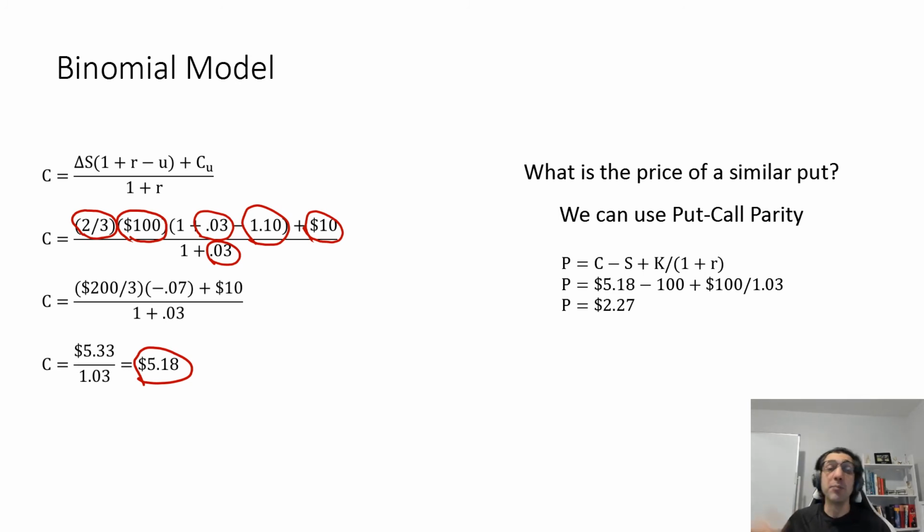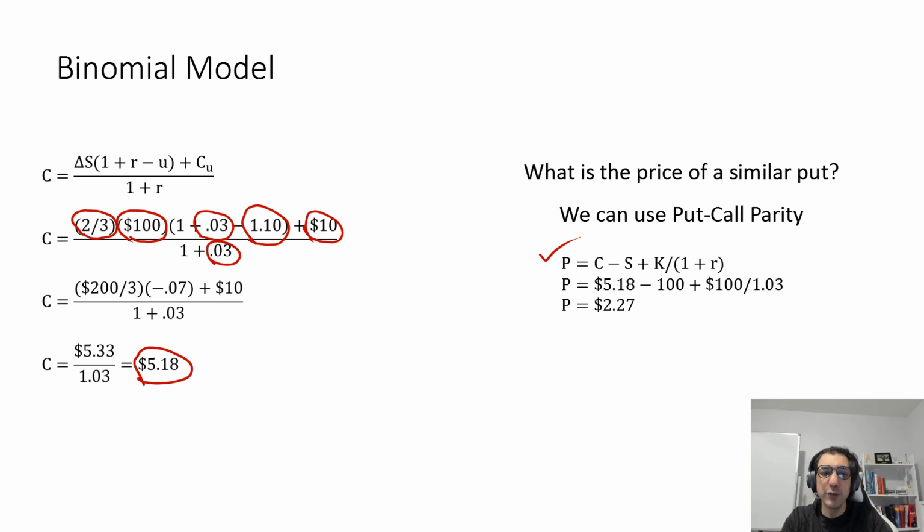We learned in the previous lesson how we can use the put-call parity to find the call price from the put price or the put price from the call. So I'm just reminding the formula for the put-call parity, and from here you can find the value of the put option, or the option premium for the put.